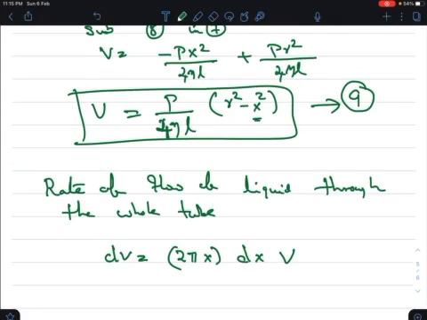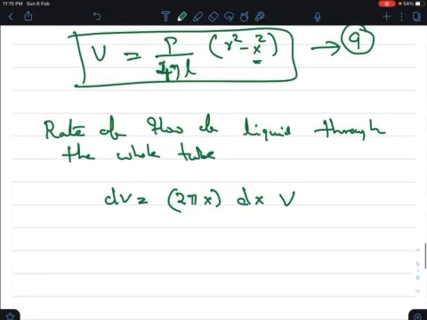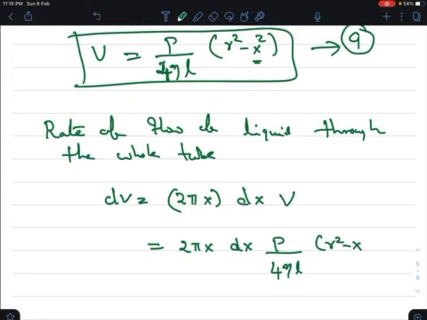So now we have to substitute this equation 9 in V here. So it is equal to 2 pi x dx into P by 4 eta L into r square minus x square.